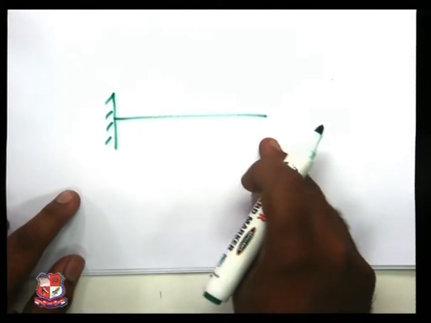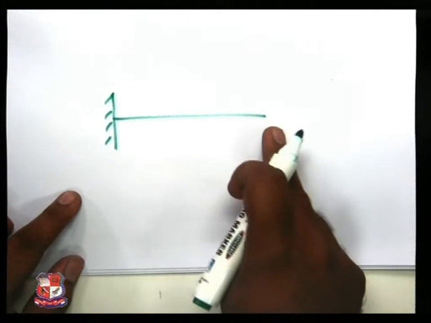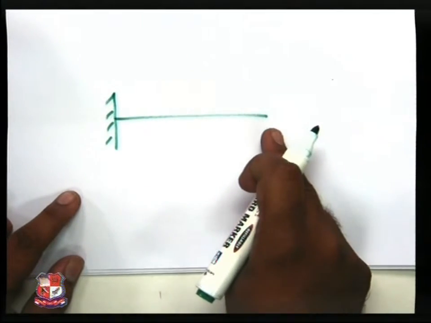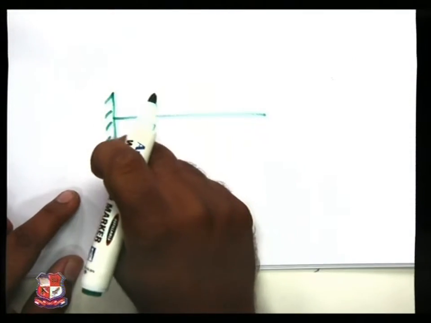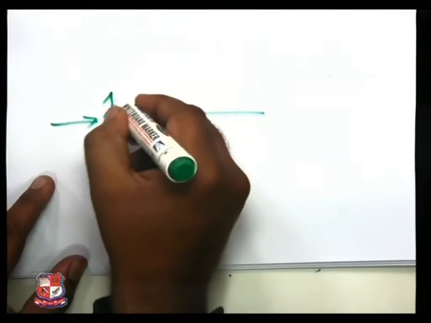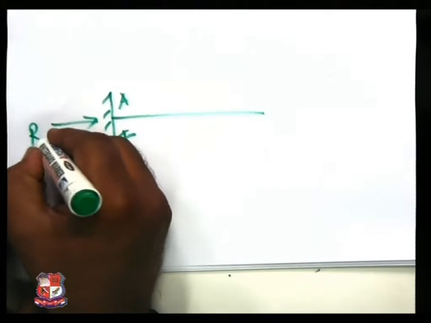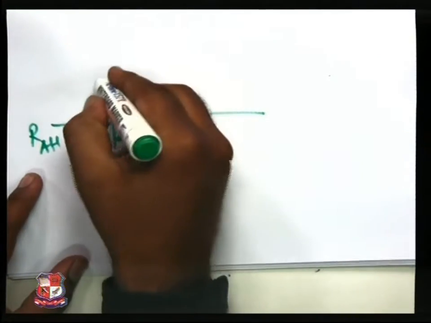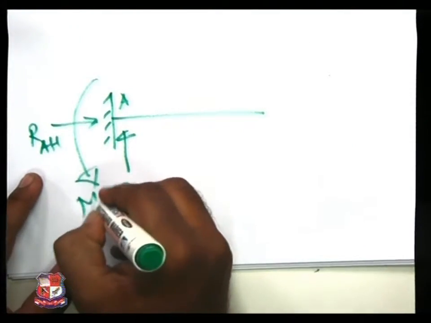Please be careful, the students make mistakes over here. This end is free compulsorily, this end is fixed, because of this fixity it offers the 3 reactions. If this is A joint, then it offers RAH, RAV and third is my moment M.